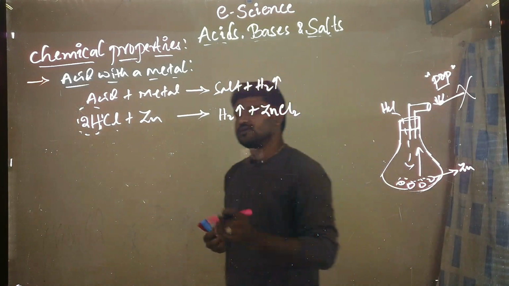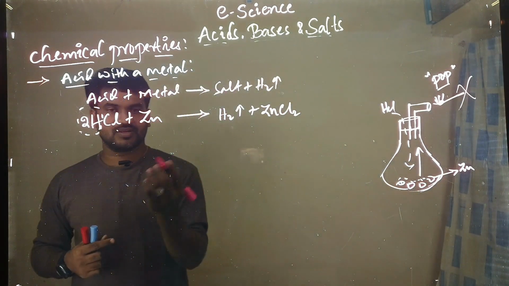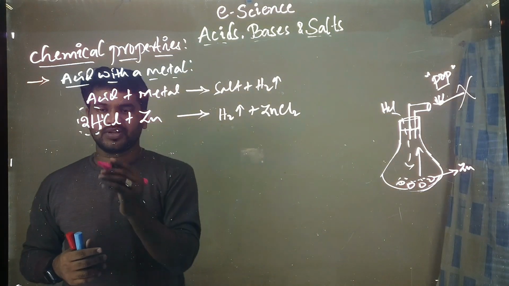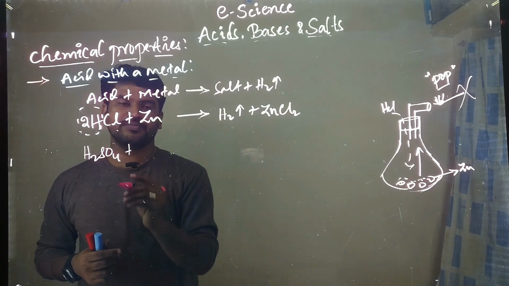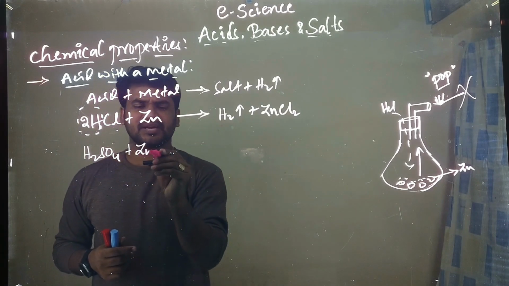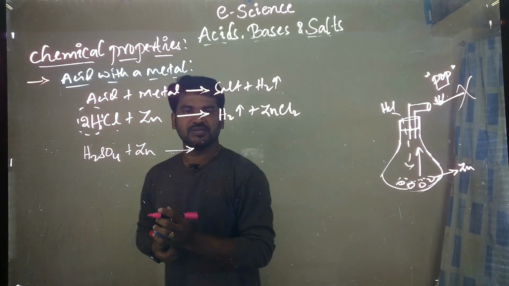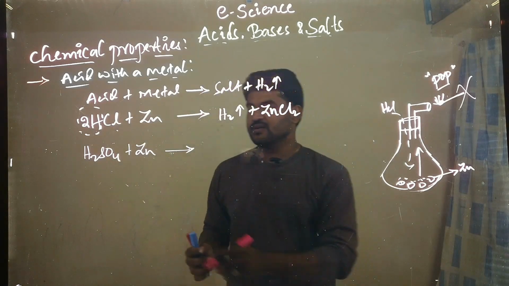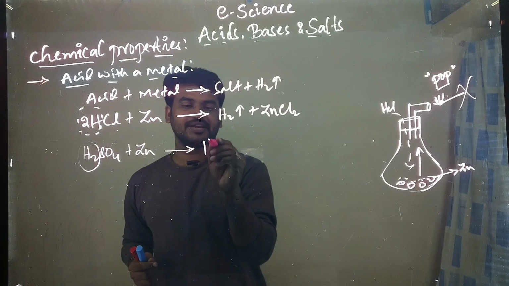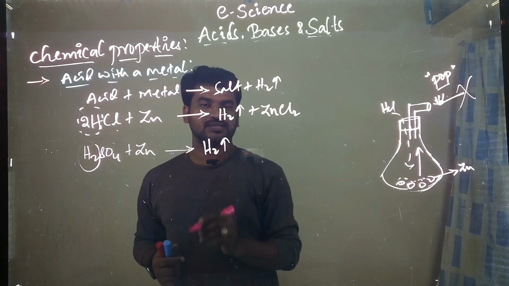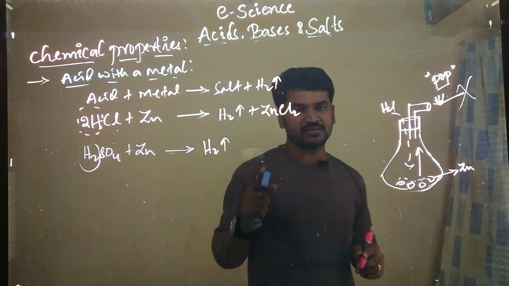Right. If you take one more reaction, in the place of the acid we take one more acid, H2SO4 plus zinc. Now it is very simple. Why? Because H2 is already there, so we take directly H2 gas. The upward arrow mark indicates gas.